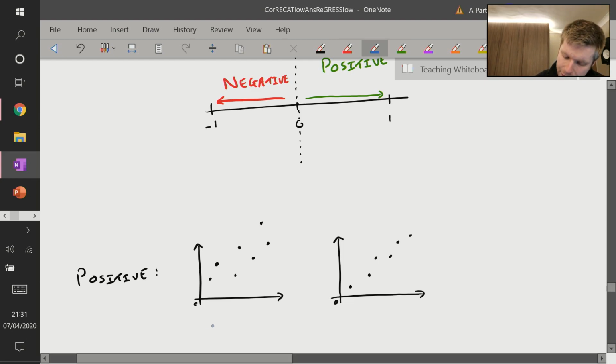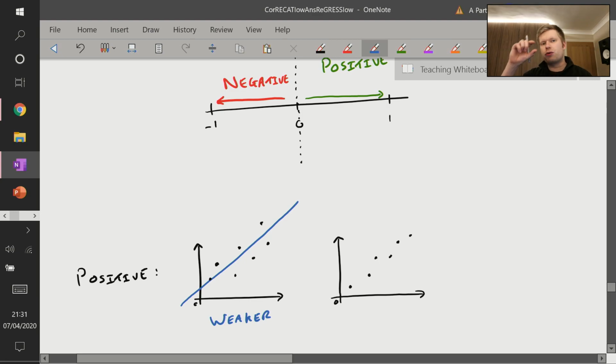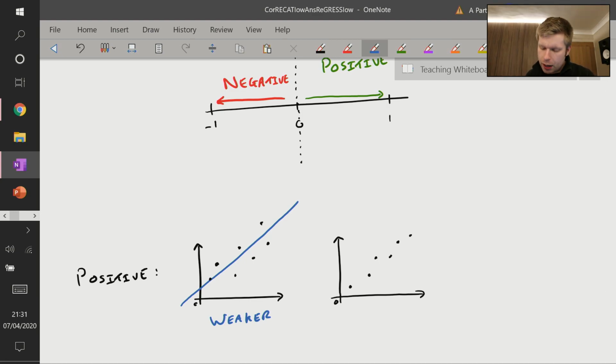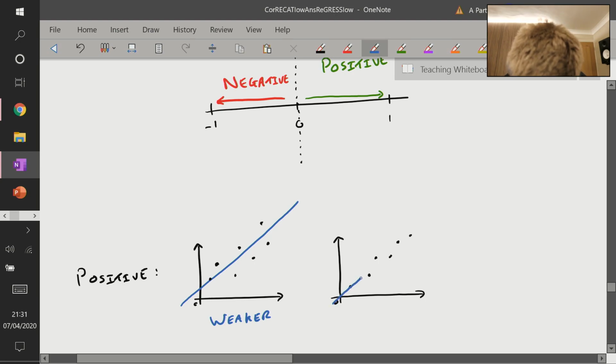Now the one on the left, we say is weaker correlation, because if I'm going to draw my line of best fit or my regression line through these data points, they don't really match the line very well. There's quite a lot of distance, the residuals are quite big. Whereas if you look at the other one, we say that that is a much stronger positive correlation, because those points match the line in a little bit more detail.